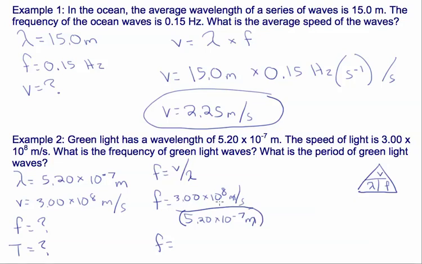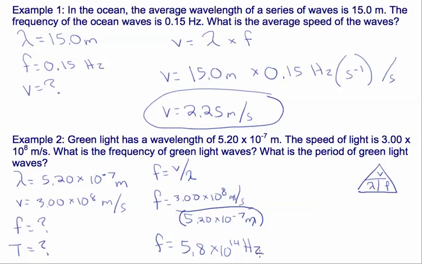Otherwise, you do 3 times 10 to the 8 divided by 5.2, and then everything times 10 to the negative 7. So make sure, to be safe, you put that scientific notation in parentheses, and you get a large number, about 5.8 times 10 to the 14th hertz. That's a lot of waves per second, but it's correct.